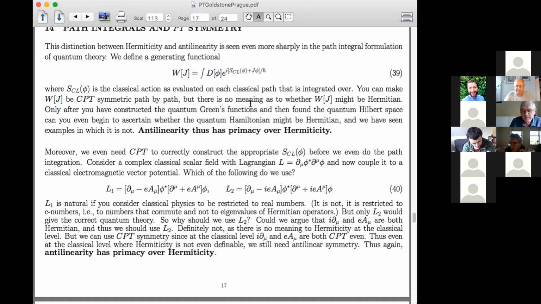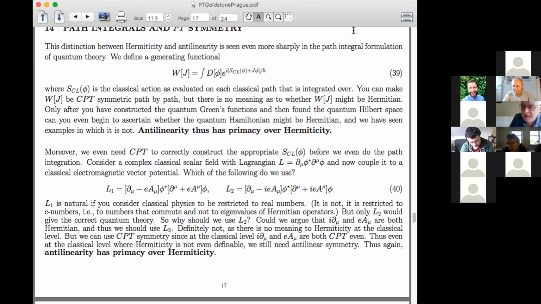Okay, Philip, just a very brief remark. The point here is that from a computational point of view, what you do is treat this as a generating function. And what that means is that you expand in powers of j. Yes. And you take derivatives with respect to j and set j equal to 0.